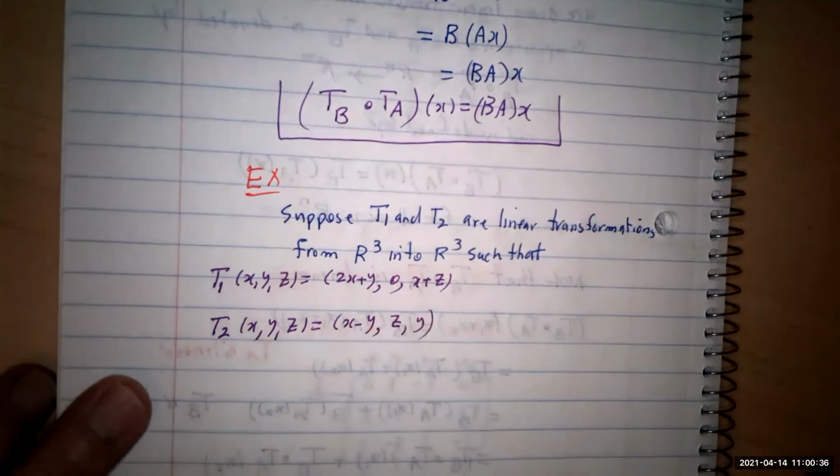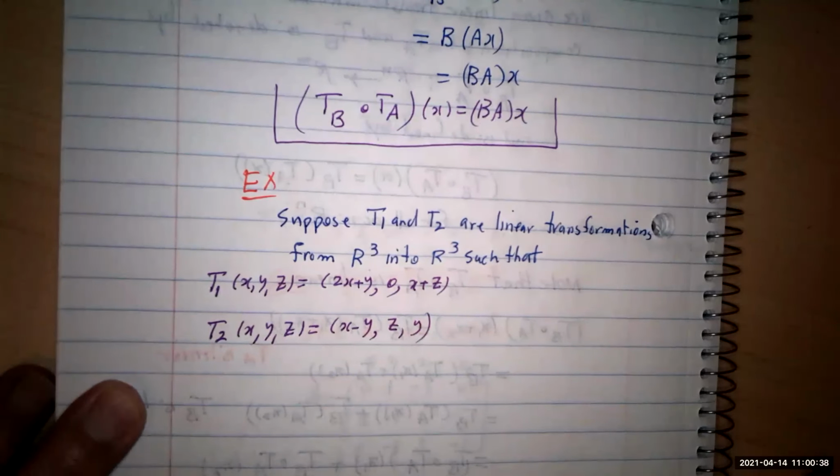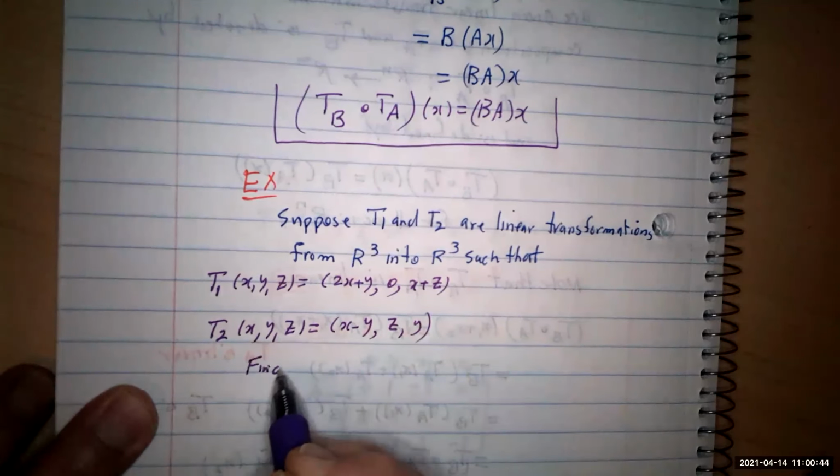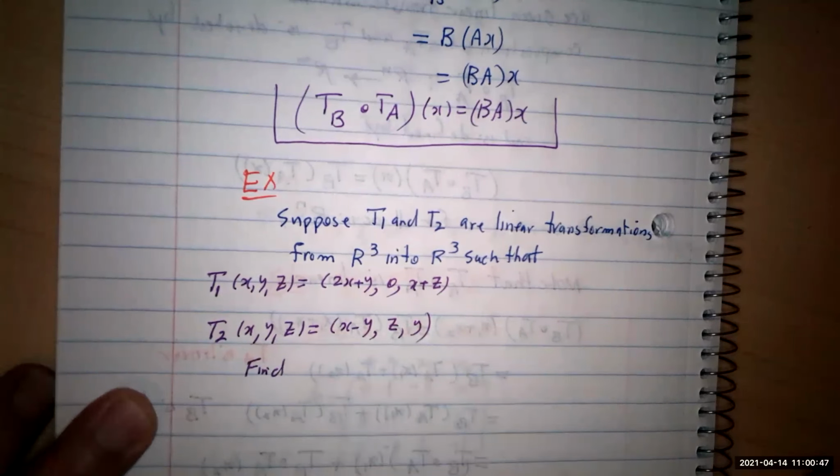So this is two linear transformations. What they want you to find is the standard matrices, A1 and A2, so that you can compose them together.